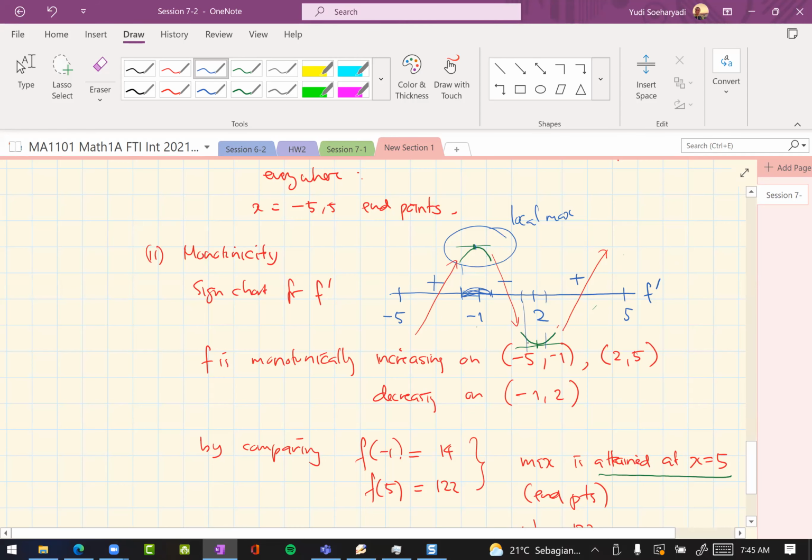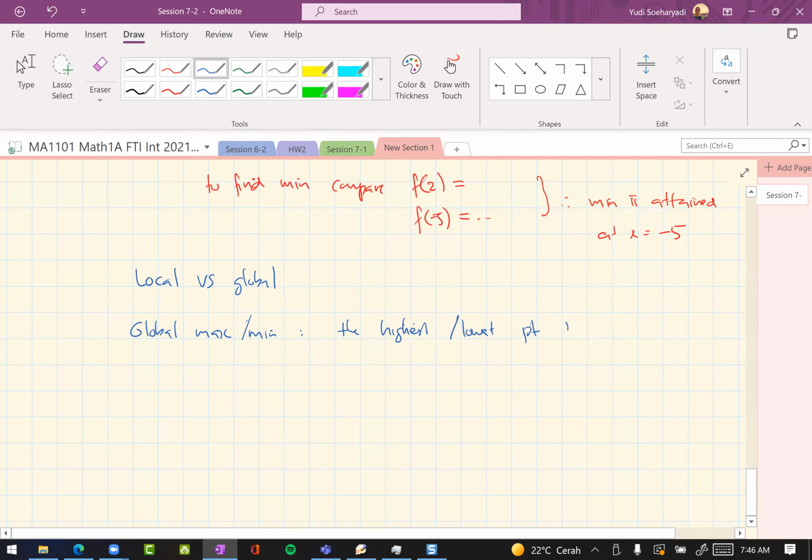So let's write this down. What we call global max or min is the highest, or the lowest, the global min. And local max or min is the highest or the lowest point on a small neighborhood.